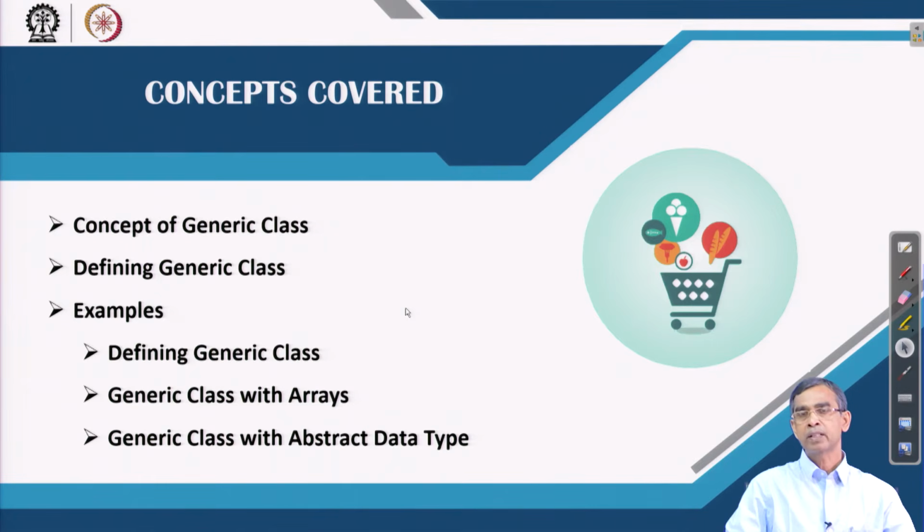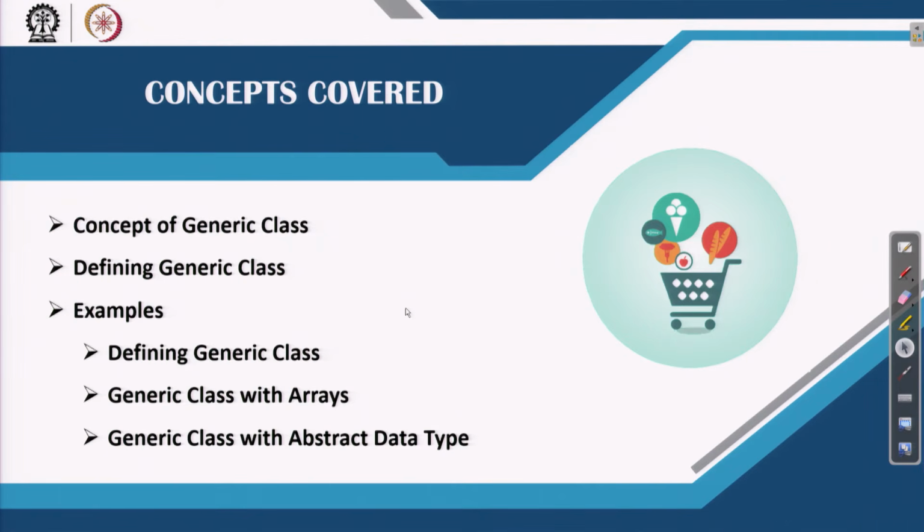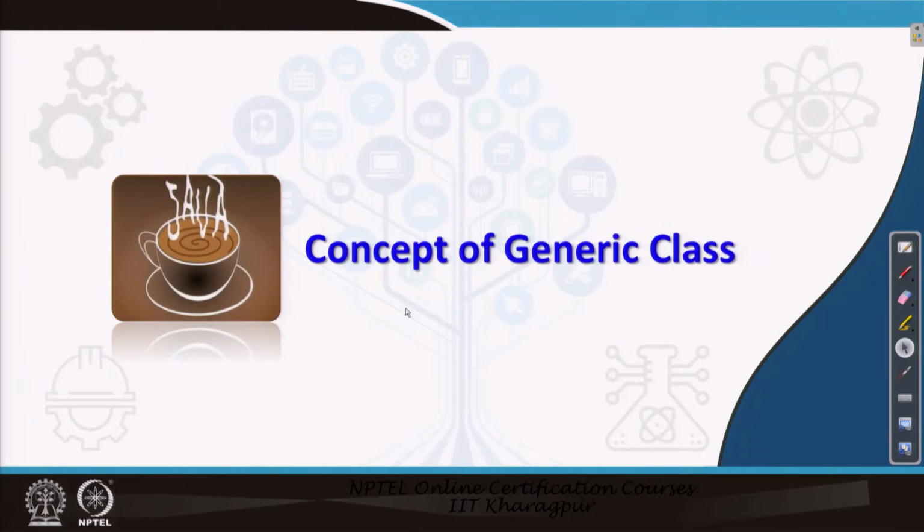This array of elements can be of any type, and then we will discuss how a generic class also holds true for any type of data other than the primitive data or user defined data. So, that is the topic that we are going to discuss.